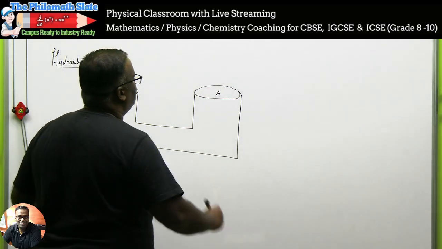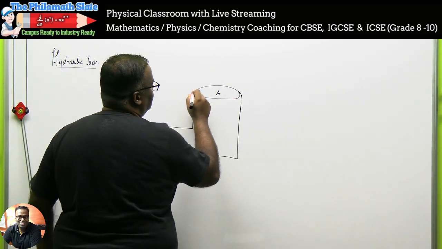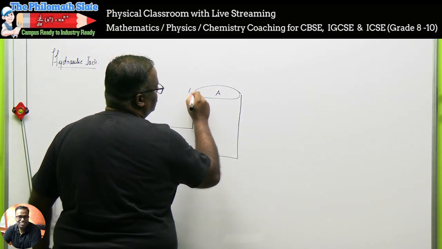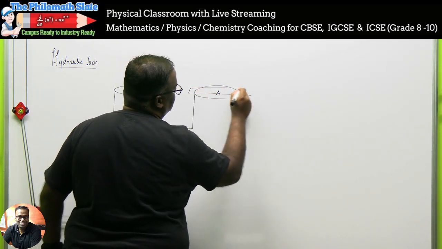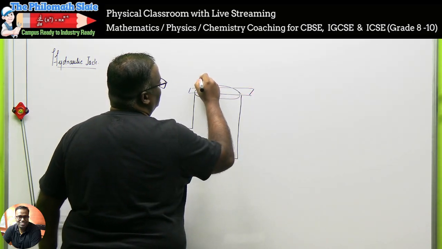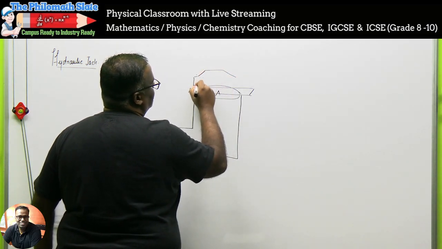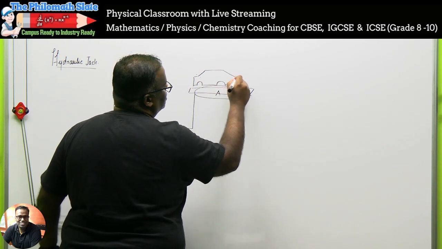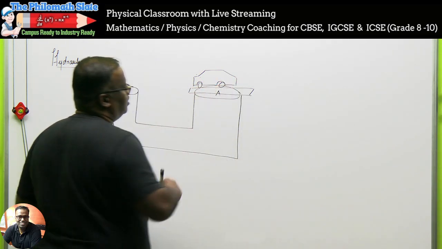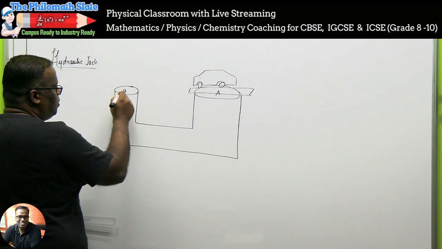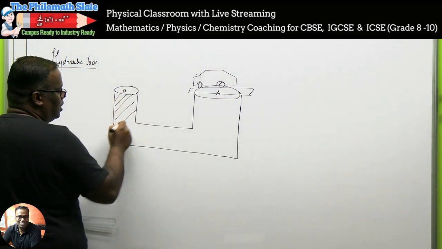This is more. And on this, let us put a platform. We keep a platform, और इस platform में हम हमारे गाड़ी को ले आते हैं. A car is kept here. And here we would be keeping what? Liquid.